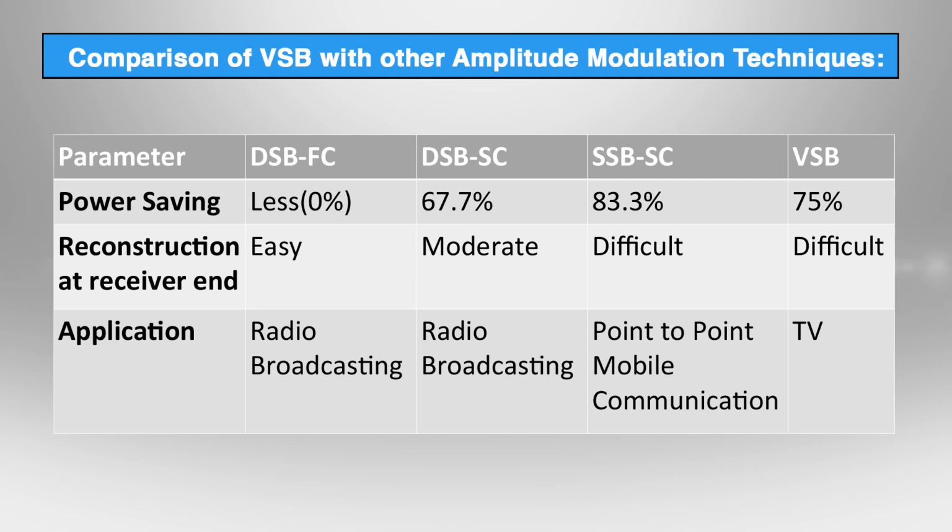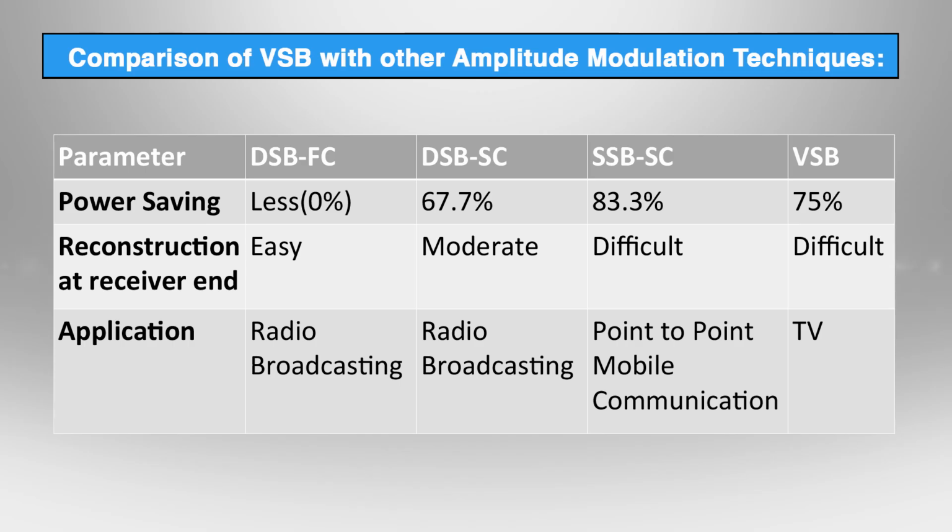Reconstruction at the receiver end of double sideband suppressed carrier is moderate, in the case of single sideband suppressed carrier reconstruction at the receiver end is very difficult, and in the VSB case reconstruction at the receiver end is also very difficult. So, from the reconstruction point of view, we can say that for the DSB-FC signal, reconstruction at the receiver end is very easy.